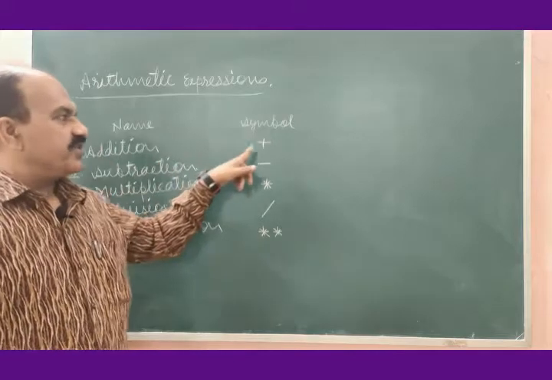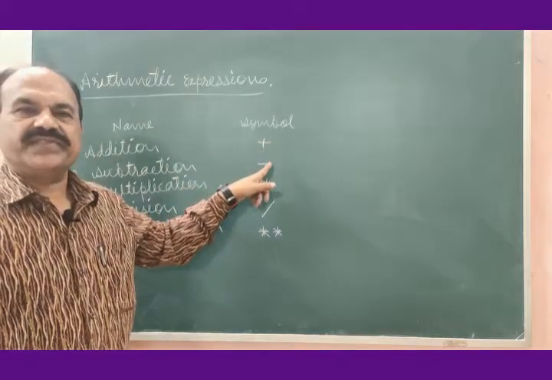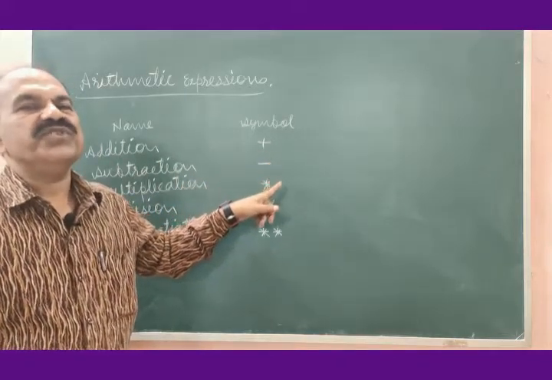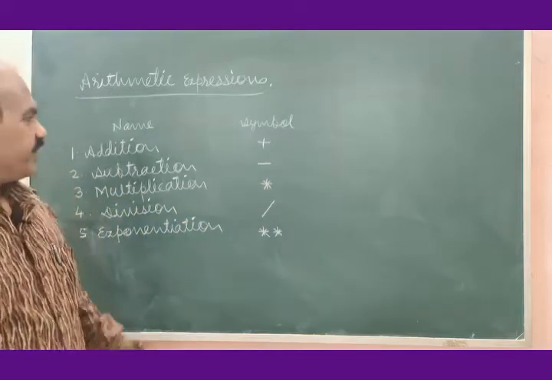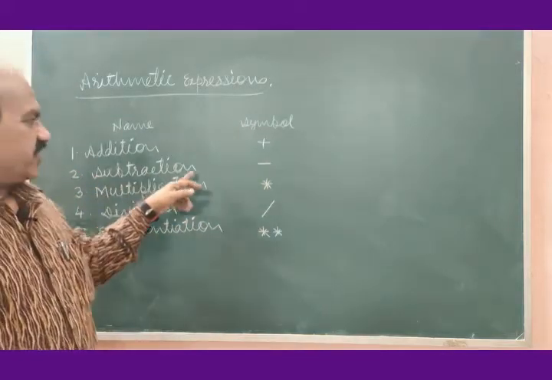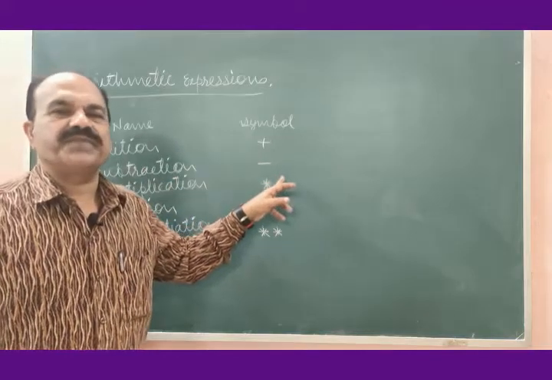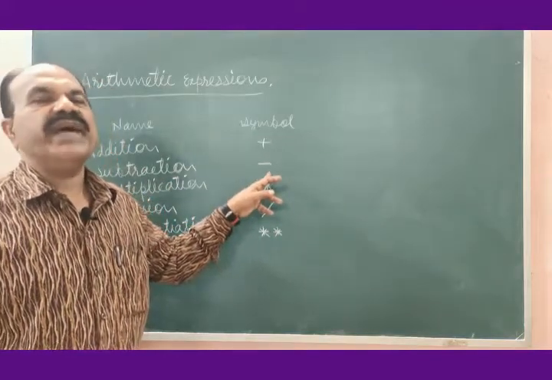For addition, the symbol used is this plus sign. This is the same symbol we use in general algebra. For subtraction, the symbol used is the negative sign, the minus sign. The same symbol we use in general algebra.